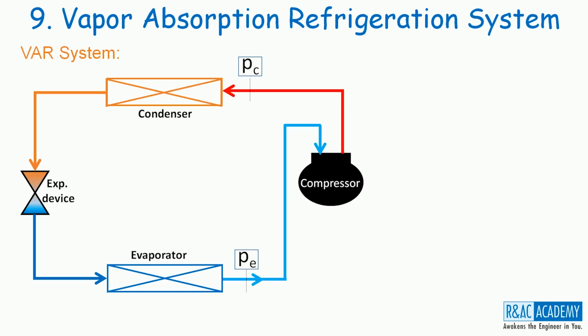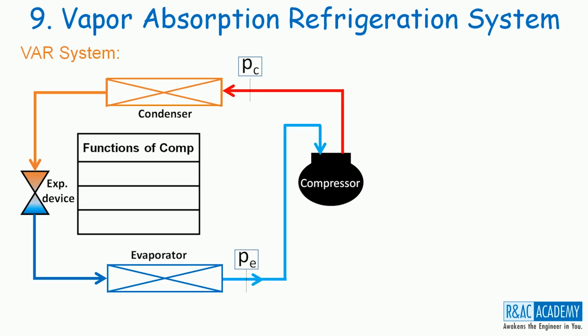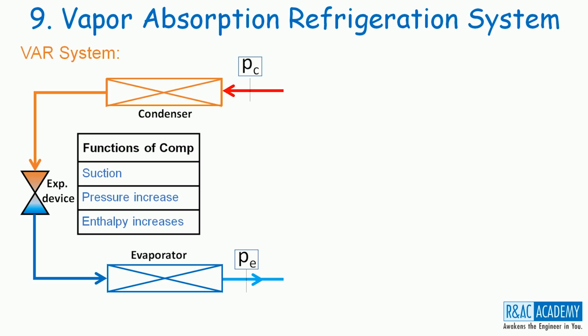But the compressor performs three distinct functions in the VCR system. First, the compressor sucks the vapor from the evaporator, and then it increases the pressure and increases the enthalpy of the refrigerant. But in the vapor absorption refrigeration system, we are eliminating the compressor.